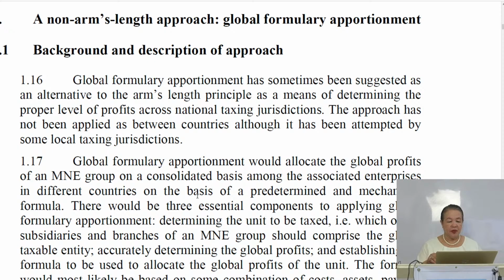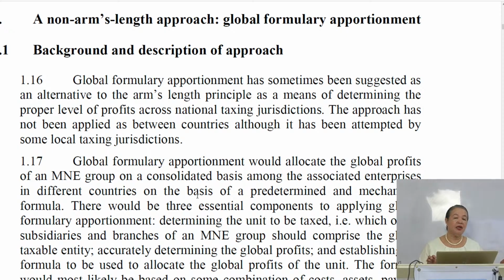So, the approach has not been applied as between countries, although it has been attempted by some local taxing jurisdictions. Kasi mas madali eh, kung global formulary apportionment, pre-agreed na. So, halimbawa, the group of companies has presence in different parts of the world. So, sabi nila, oh, sa Asia, ito yung share mo.